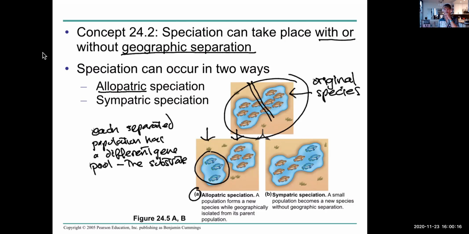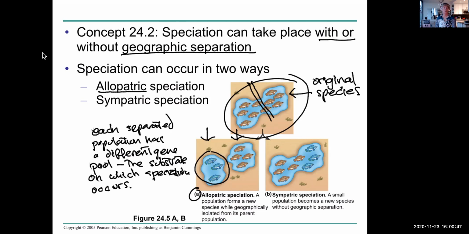I mean, you can only change genes that are already present. The substrate on which speciation occurs.